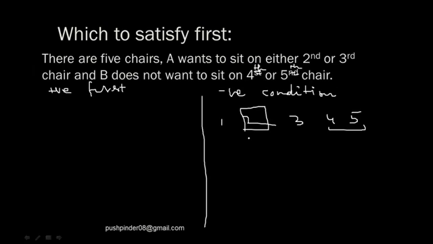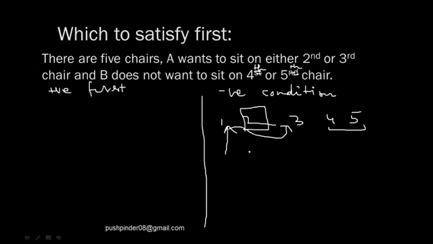Now if B sits on the second chair, then A has only one choice left, which is wrong. A is supposed to have two choices because he wants to sit either on second or third chair, but we are satisfying B, and in the end we are forcing A to sit on the third chair.